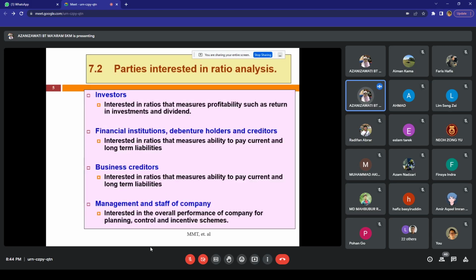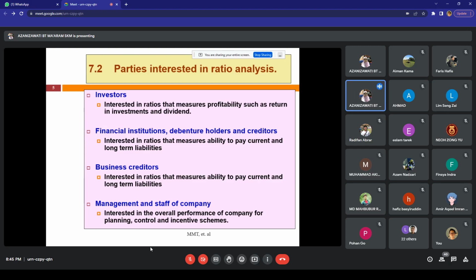Parties interested in ratio analysis are normally investors. For example, for Bursa Saham, investors will see the ratio analysis to know the performance of the company. Then there are financial institutions, debenture holders and creditors, who are interested in ratios that measure the ability to pay current and long-term liabilities.